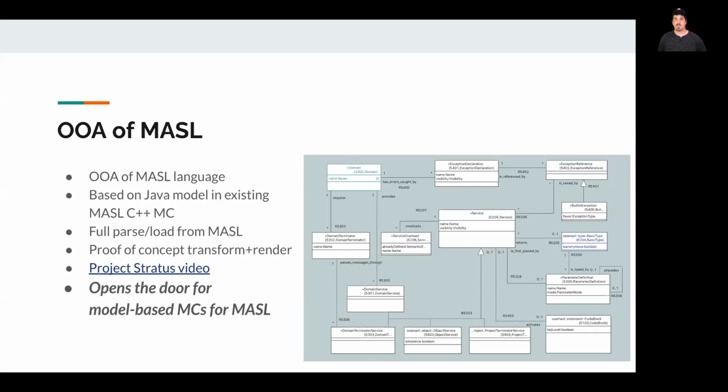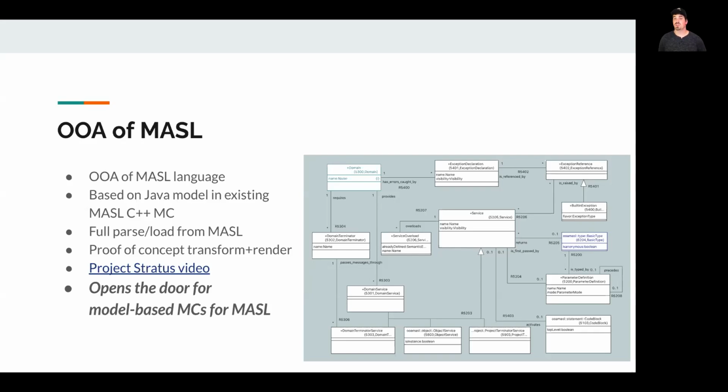That project was commissioned to create a model similar to the xtUML meta model, but for the modeling language Mazel. This is based on an existing Java model from an existing Mazel C++ model compiler. The Stratus project provides full parse and load from textual Mazel into this source model, and a proof of concept transform renderer has been implemented as a model-based model compiler.